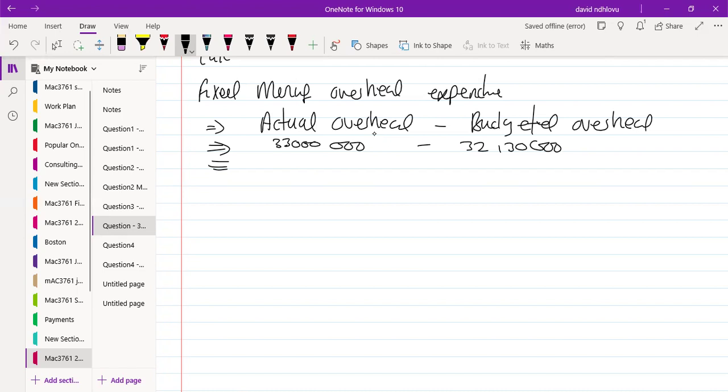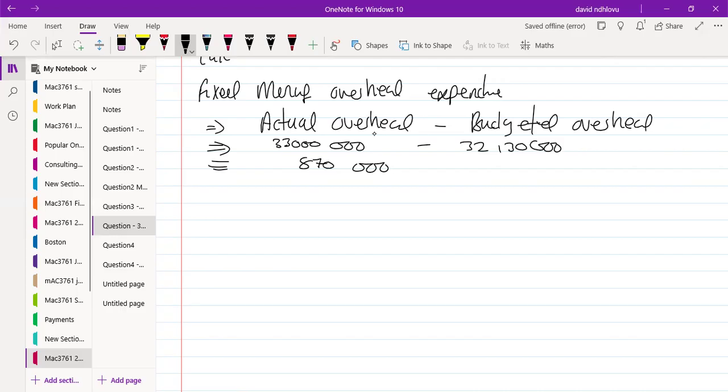That gives me a difference of 840,000. Now, with a variance, you have got to indicate whether it is favorable or unfavorable.